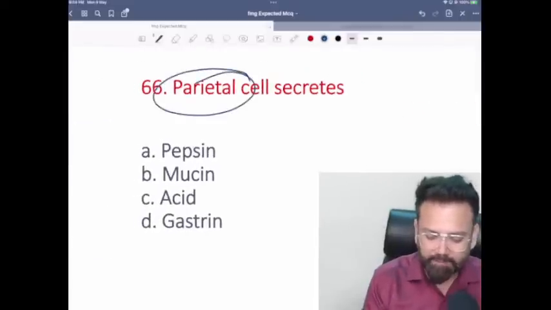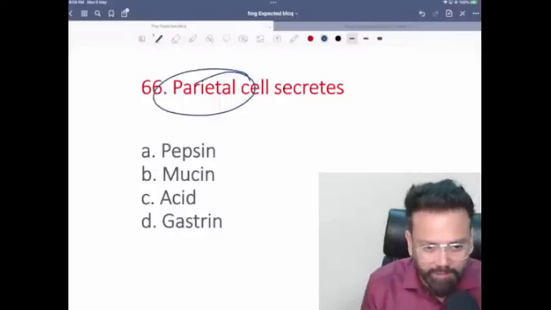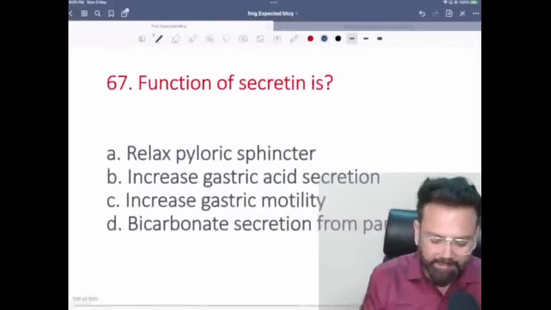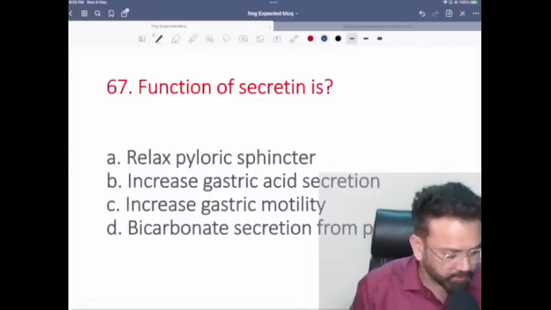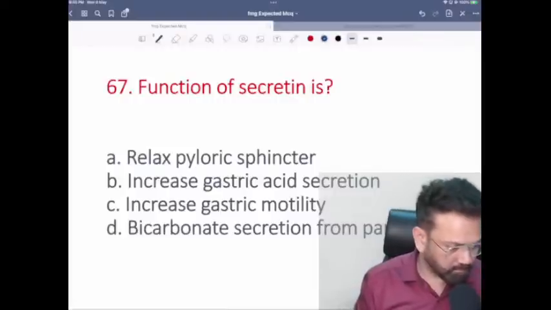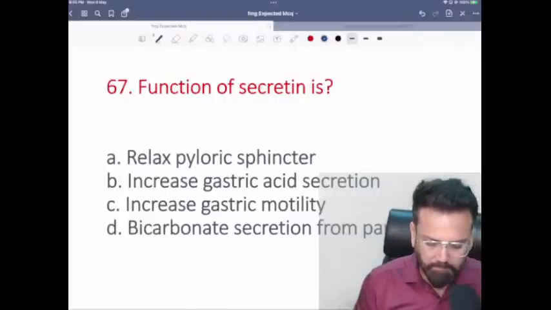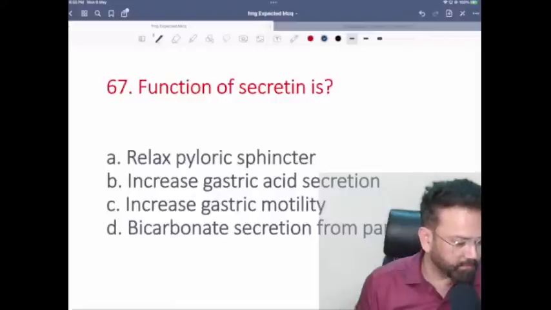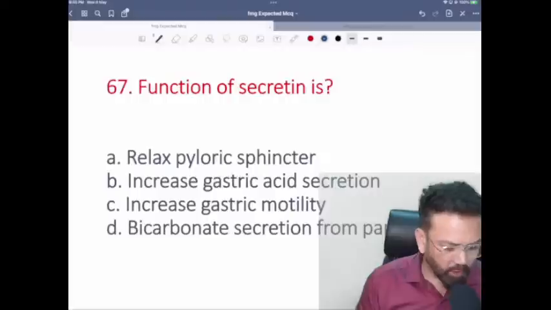Parietal cells secrete, you know that, parietal and oxyntic, HCl. Function of secretin is, what is the function of secretin, doctor? Function of secretin is increase gastric motility or decrease.